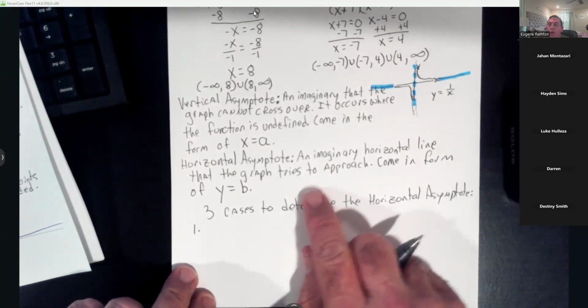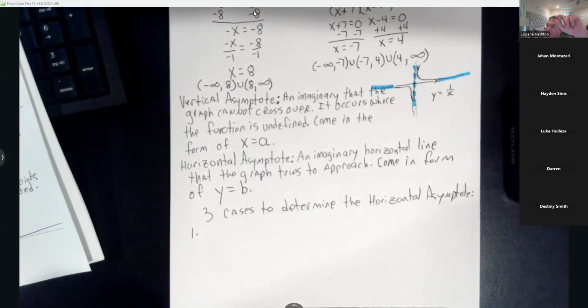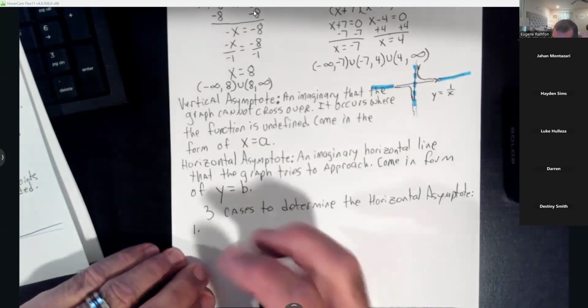Now, what we do to determine these horizontal asymptotes, we're going to look at the degree of the numerator and the degree of the denominator. Now remember, the degree is the highest exponent for the numerator, and then we'll look at the degree, which is the highest exponent of the denominator. So there's three cases.